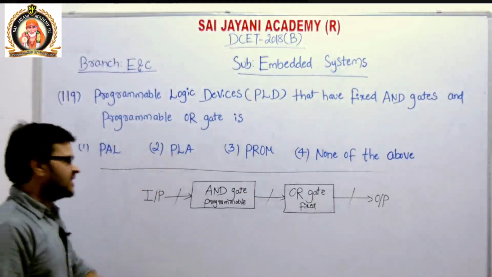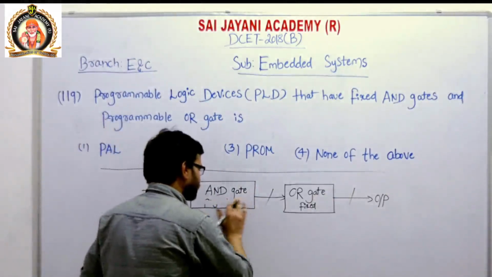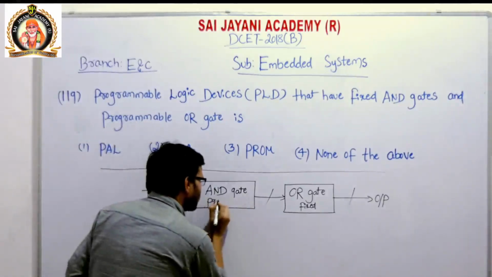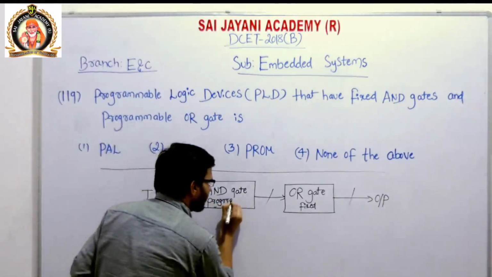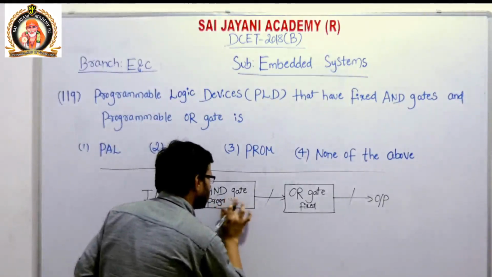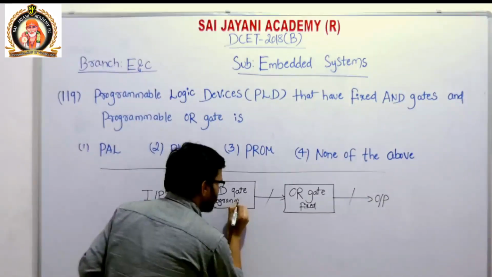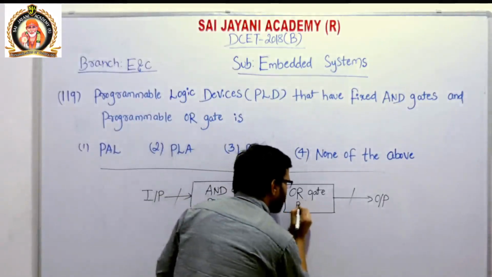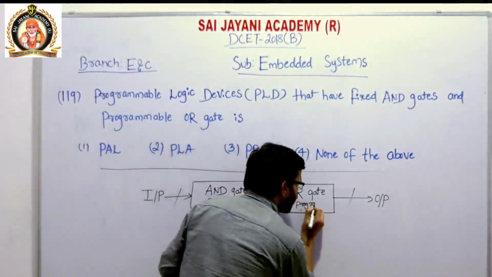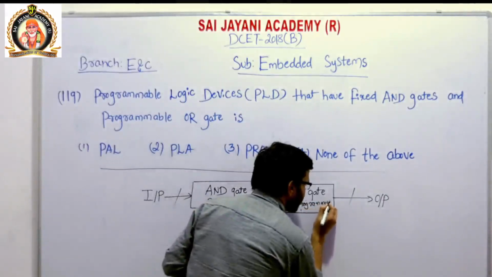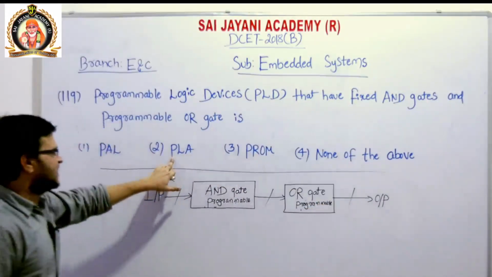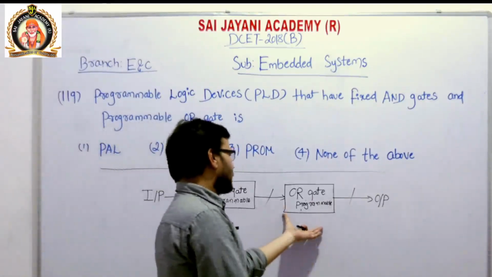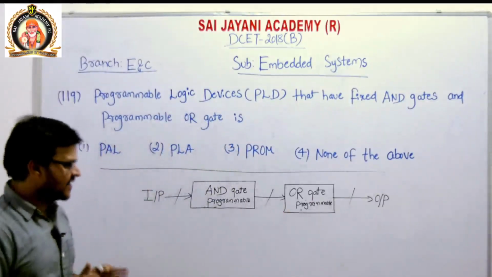Coming to PLA, in PLA the AND gate is programmable, and also the OR gate is programmable. That means in PLA, that is programmable logic array, the AND gate and the OR gate both are programmable connections.